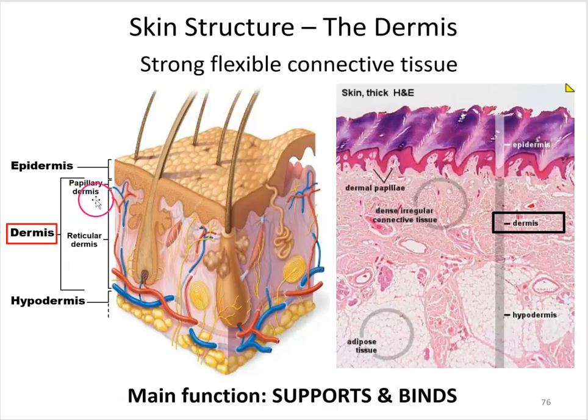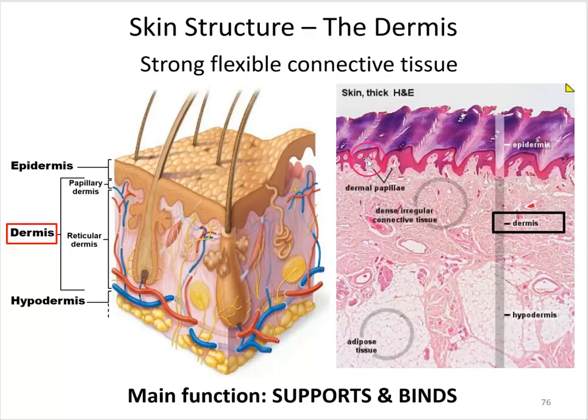The dermis we didn't talk about much, but if we're zoomed out this far, this is a very zoomed out picture. We can't see individual cells in the epithelium, in the epidermis. So what can we see? Well, we can see lots of adipose tissue in the hypodermis.